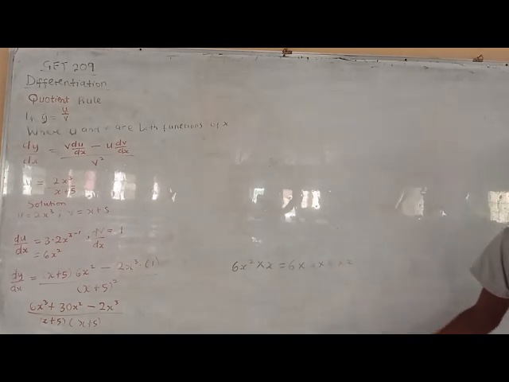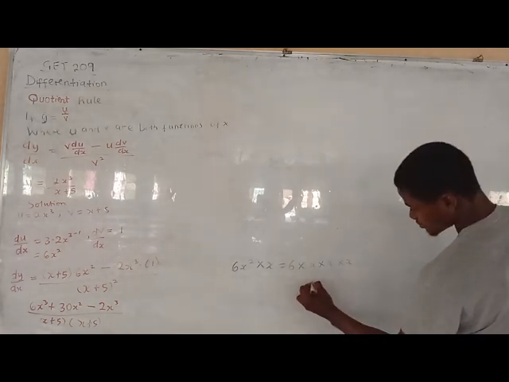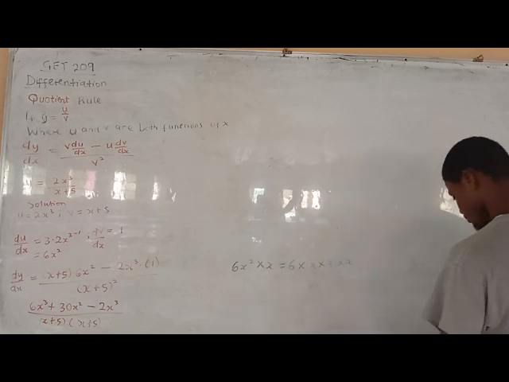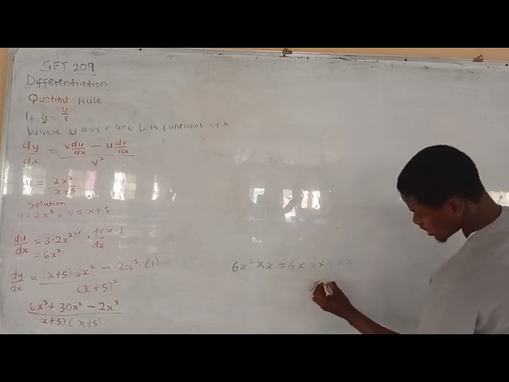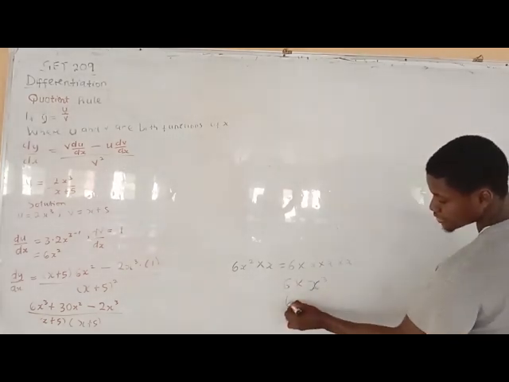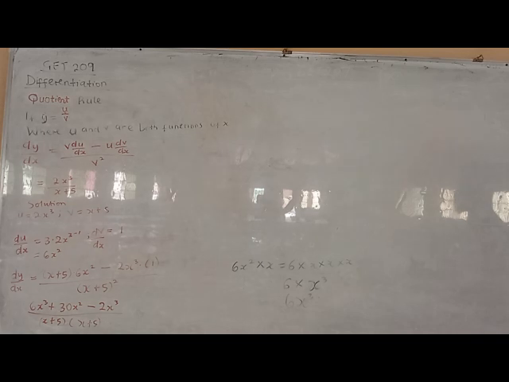But we know that x times x is x cubed, that's x raised to power 3. So 6 times x raised to power 3 is 6x raised to power 3.